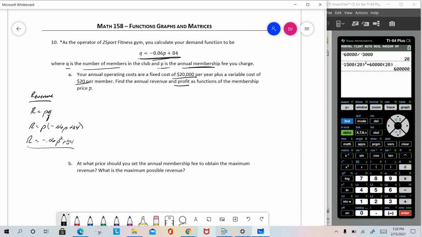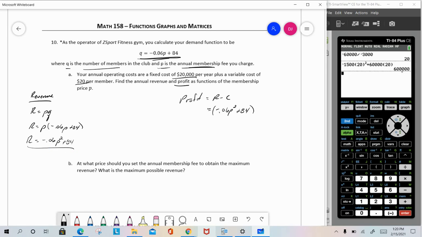Profit. Remember that profit is revenue minus cost. So before I can find my profit, which is going to be revenue, negative 0.06p squared plus 84p, okay, substitute that in.